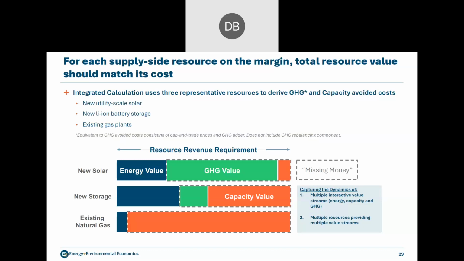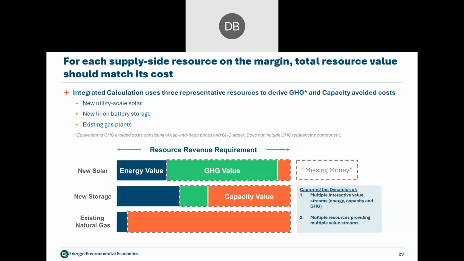And the second dynamic is that multiple resources can provide multiple value streams. For example, solar, we know typically is built to help achieve California's GHG reduction goal, but also it can provide some capacity contribution during the late afternoon, early evening timeframe when the sun is still up.